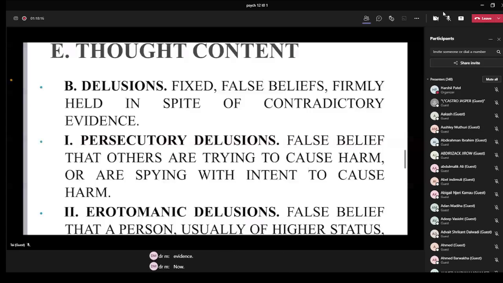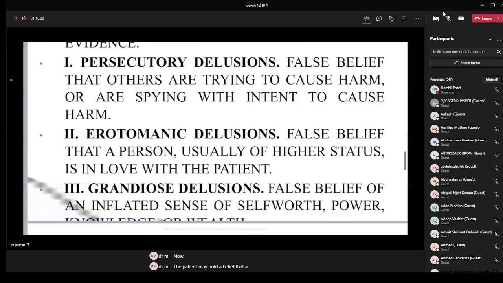Now, the patient may hold a belief that they possess supernatural powers, that they can perform miracles and so on. Some of them may claim, for instance, that I am Prophet so and so. So they have this false belief, which is so firmly held.